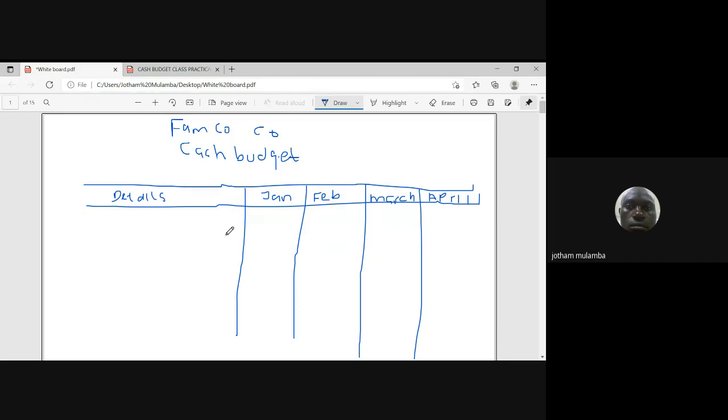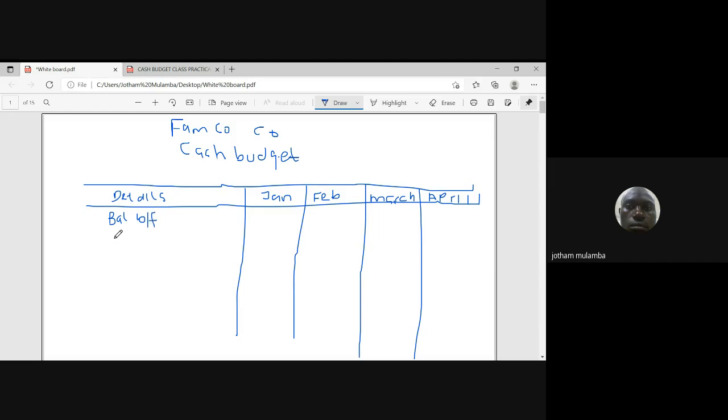The first item we usually record on the cash budget is balance brought forward. Balance BF. You can write in full because I'm writing with the mouse and I cannot write very fast. Balance brought forward.